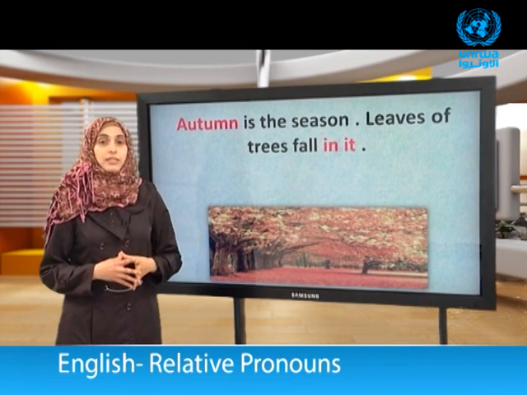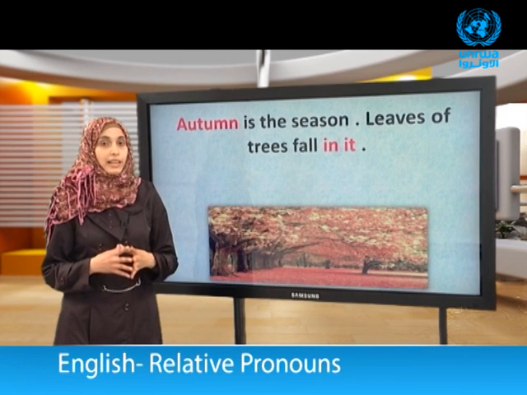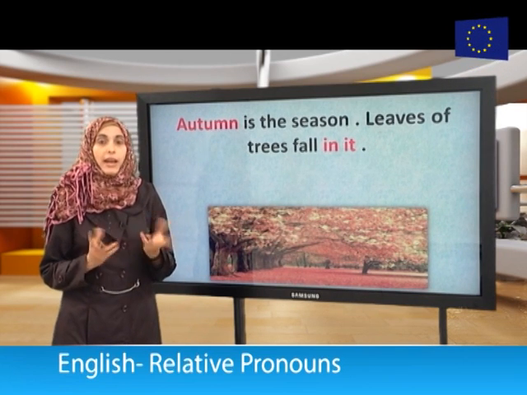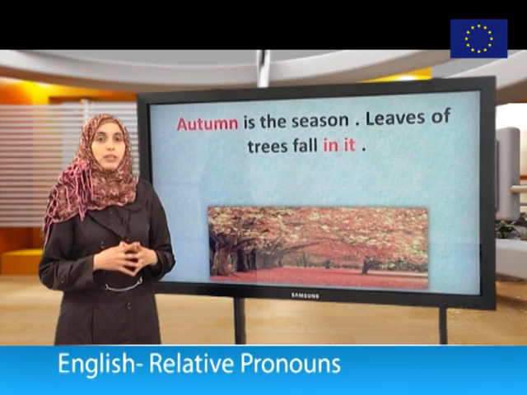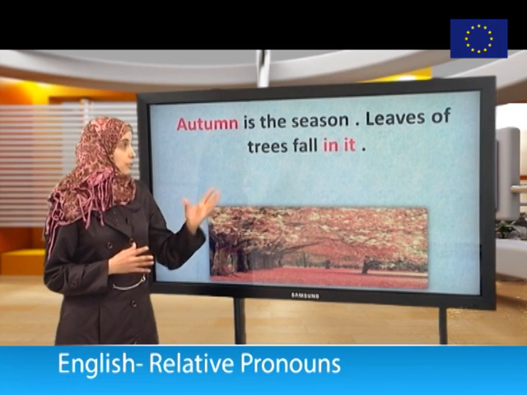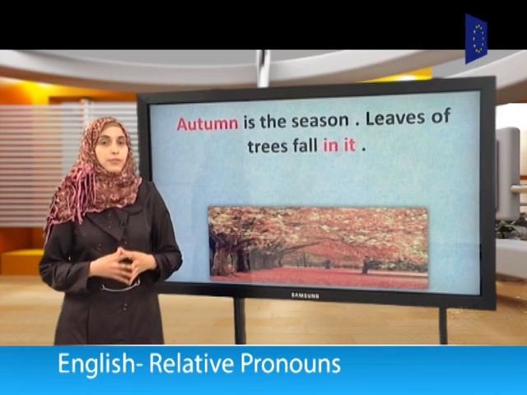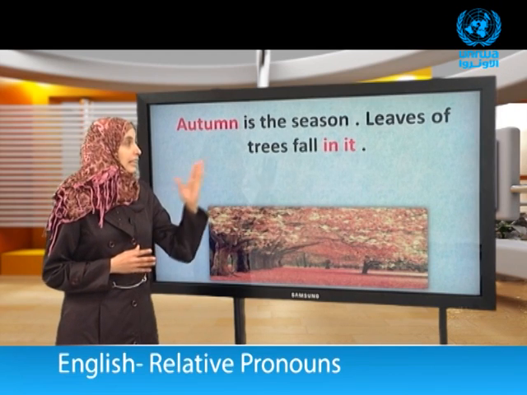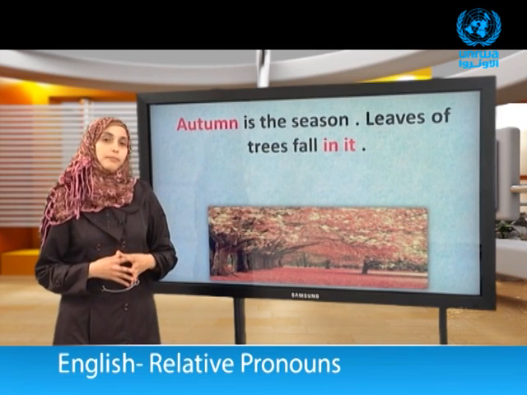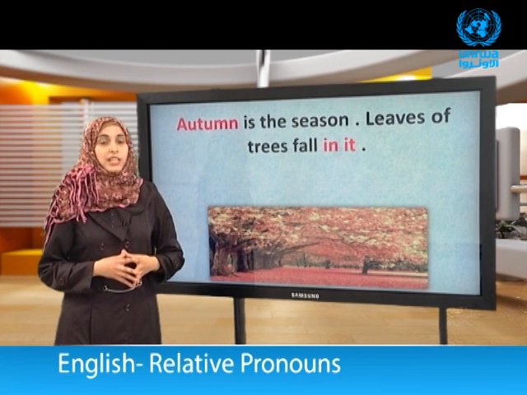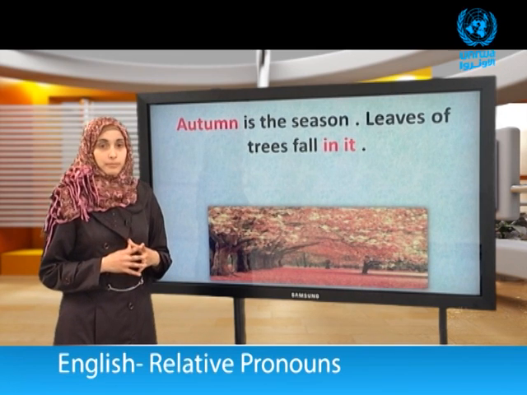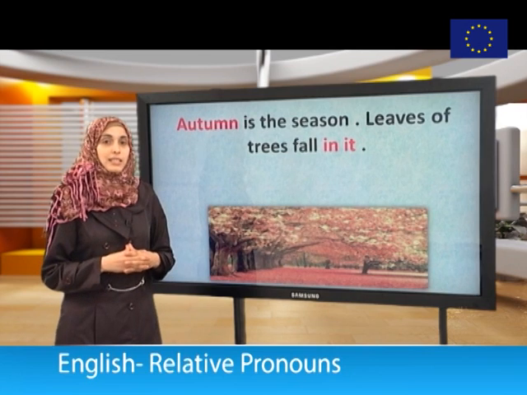The question is, when do the leaves of trees fall? When? I'm asking about time. I would say, leaves of trees fall in autumn. So the main focus here is on the time. How could we join the sentences?